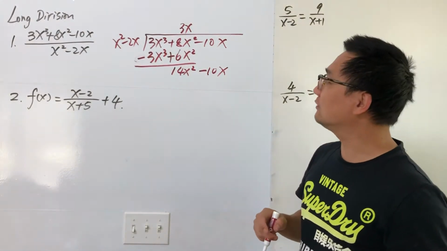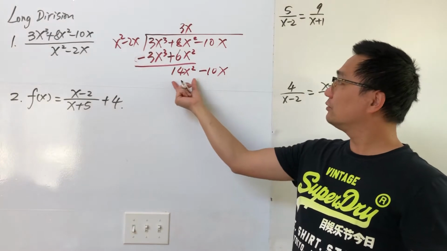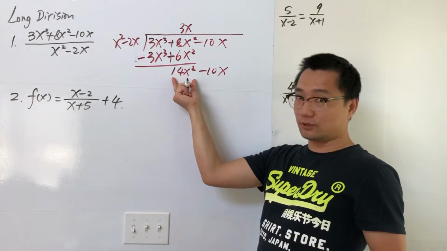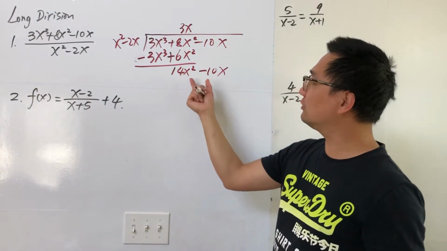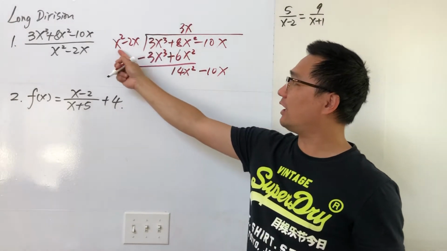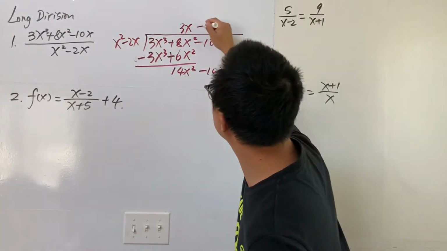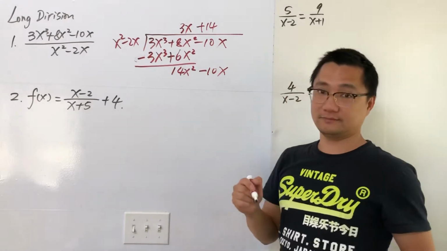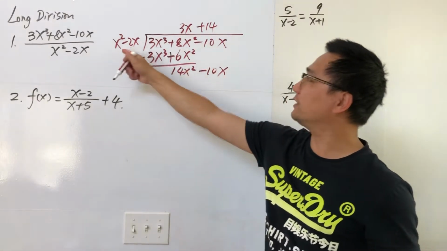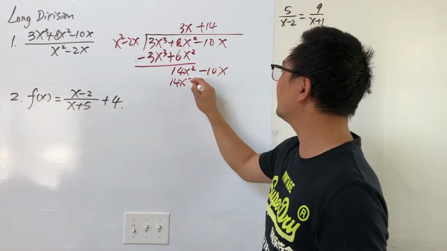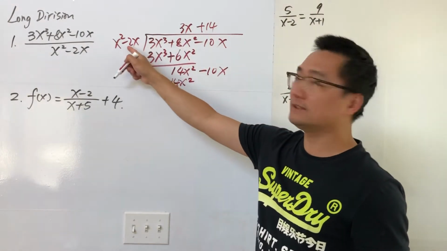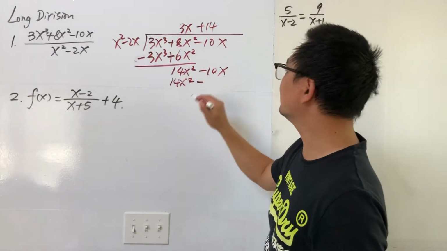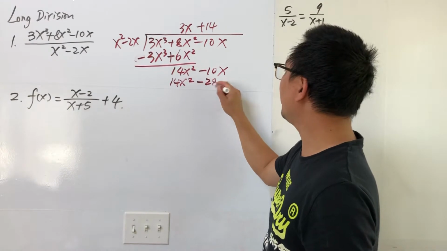Now you have to get rid of 14x squared. So what do you times to get rid of 14x squared? Right now you have x squared, that means you just need to times 14. Correct? Because 14 times x squared is 14x squared. 14 times negative 2x is negative 28x.